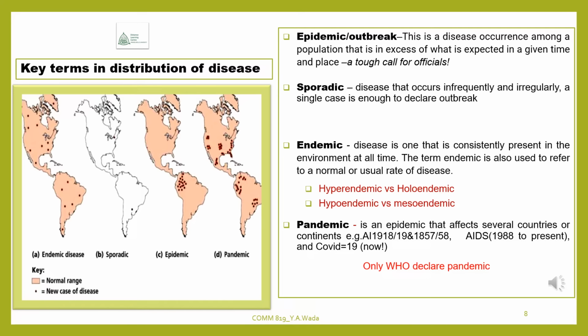A typical example is dengue fever. Irrespective of the age group, whether young or old, it is equally persistent in all group. Okay. Then, in contrast to hyperendemic, we have a holoendemic, when essentially every individual in a population is infected, although the symptoms of disease do not appear equally across the age group.